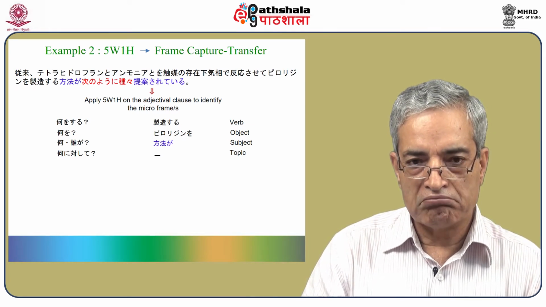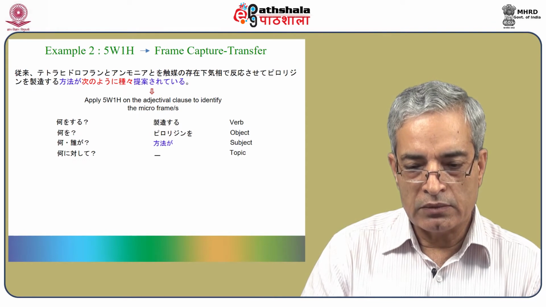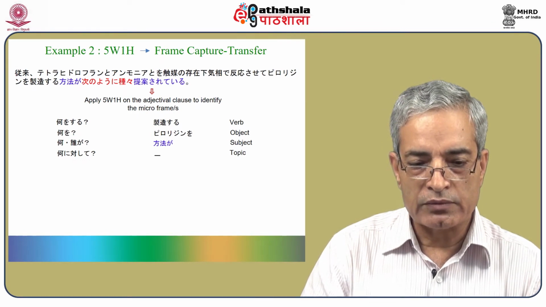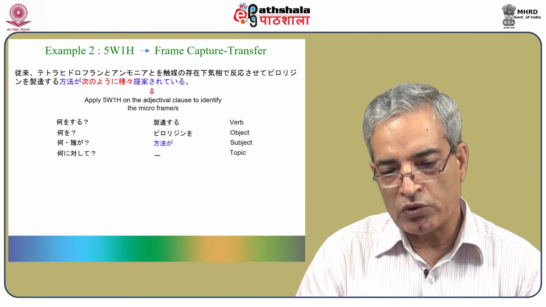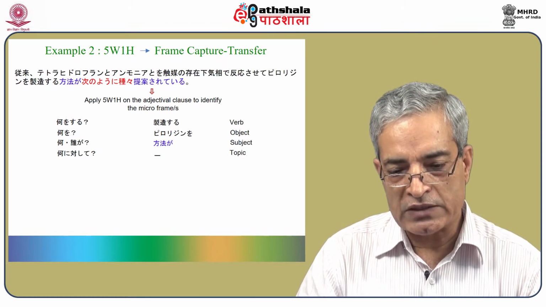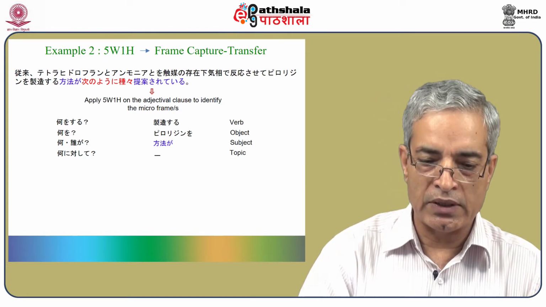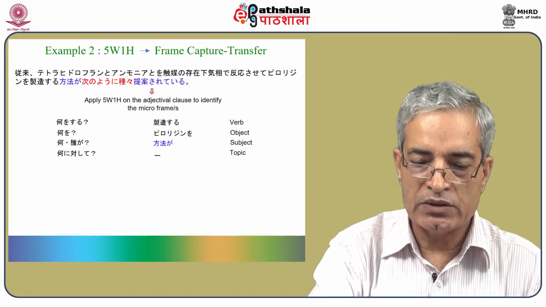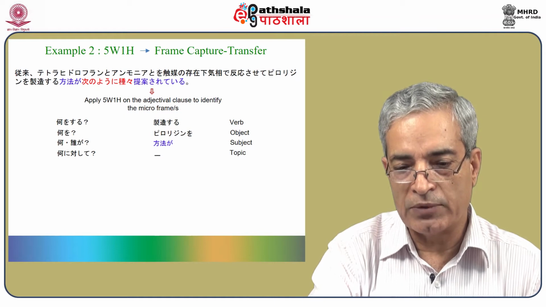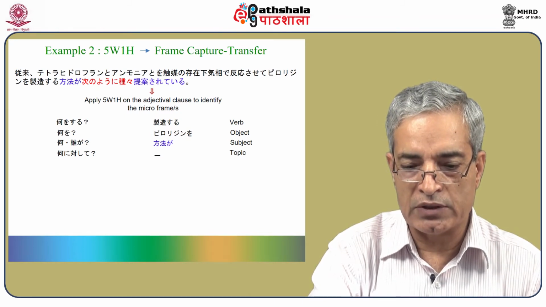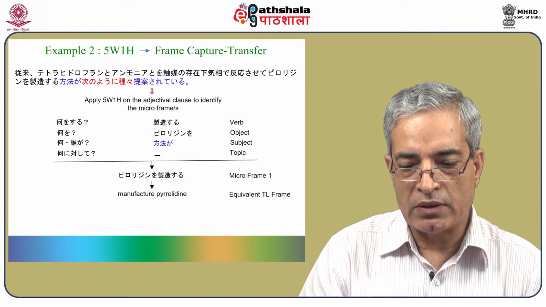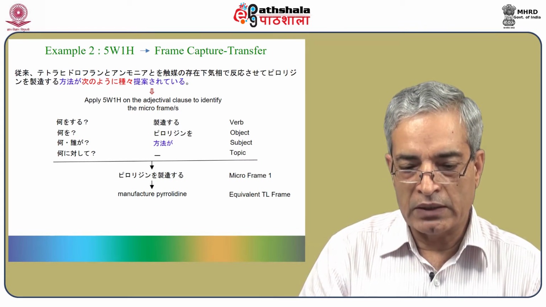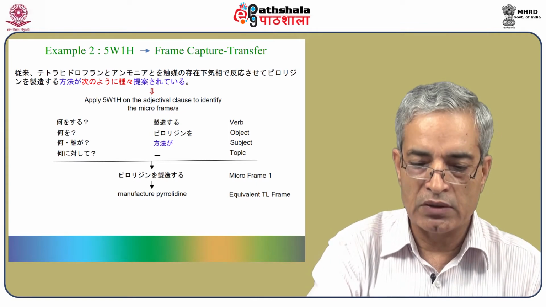Nani, dare ga, ho ga pyrogen o seizo suru. Or if you put it, pyrogen o seizo suru ho ga. That's the order in the original sentence. And nani ni taishite topic is not there because the topic is actually not coming up to here in this particular sentence. Pyrogen o seizo suru is the micro frame 1 and the equivalent is manufacture pyrogen.